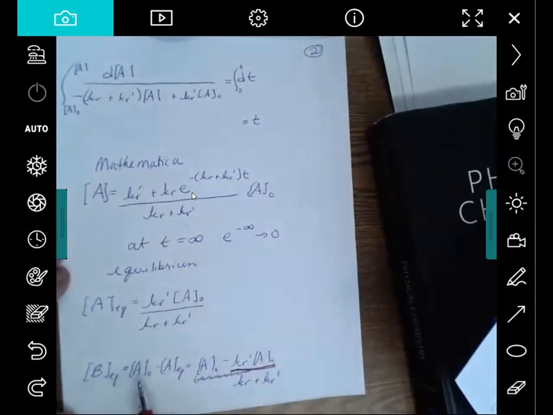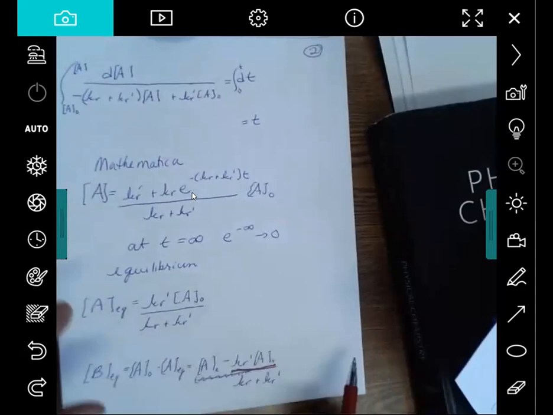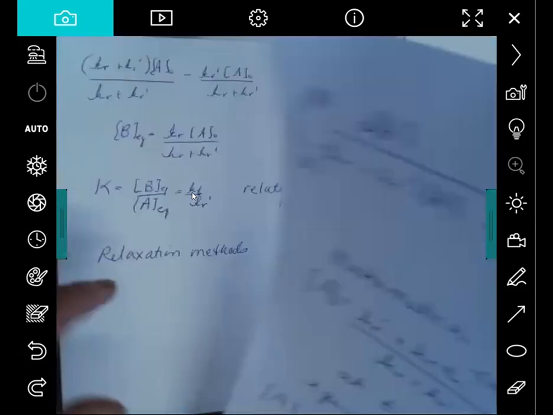And then B at equilibrium would just be A0 minus A at equilibrium. And so if we look at this, it's going to be A0 minus this expression. And I tried to show you that that's only in the denominator in this term because it's simply A0 minus A at equilibrium, which is a ratio.